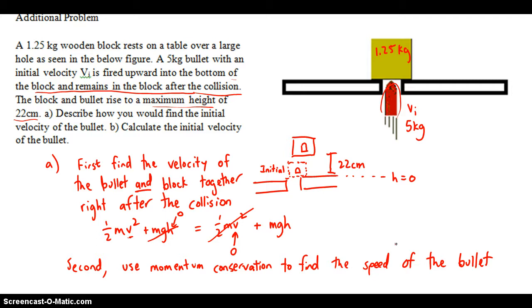Okay, so let's go ahead and try to calculate these. Part B, calculate the initial velocity. So you can see here, this is what we're going to use to find the initial velocity of the bullet and block at this location. So we have 1/2 mv squared equals mgh.